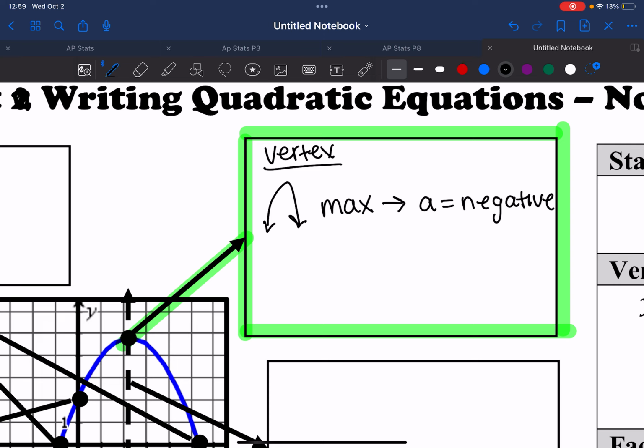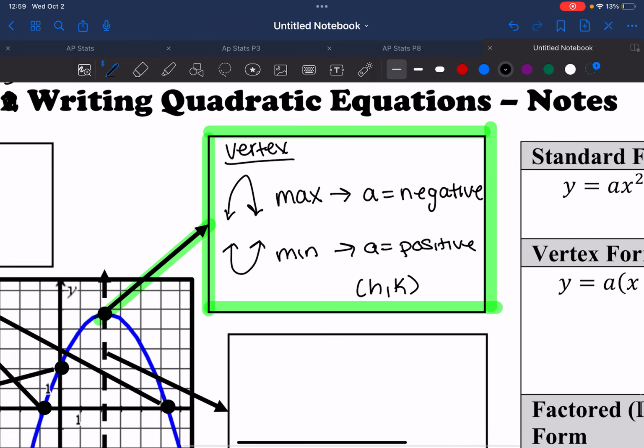And if our parabola is facing up, we have a minimum value and our a value is going to be positive. We also know that we can write our vertex as a point (h, k). This is important to know when dealing with the vertex form. So I'm just going to draw an arrow connecting the two boxes.